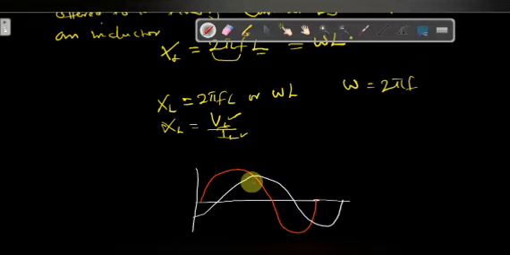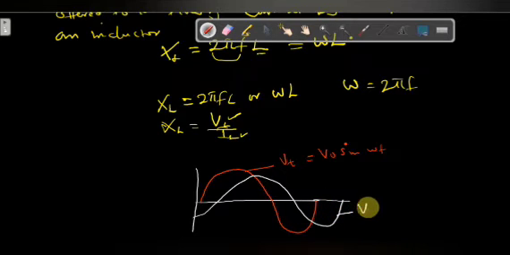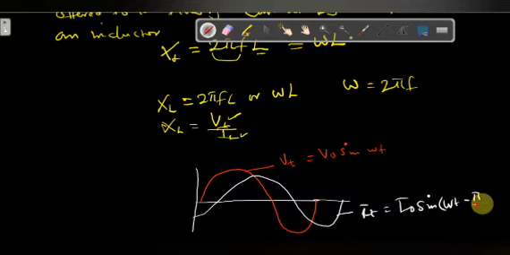Okay, so you can see from here, this represents the voltage V of t is equal to V naught sine omega t, and the current I of t is equal to I naught sine omega t minus pi over 2.